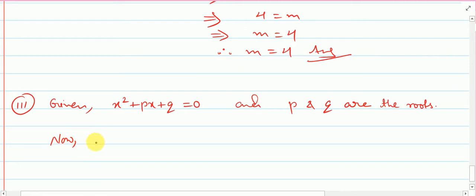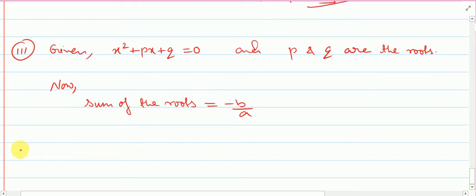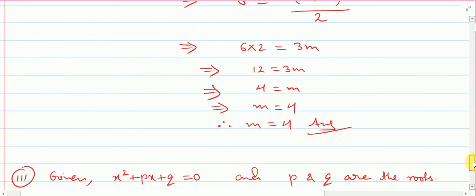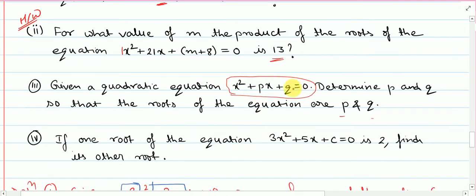Now sum of the roots is equal to minus b upon a. Yes, so here your b is how much? P, and your a is 1, and they have already said in the question that we have to determine the value of P and Q such that P and Q are the roots.